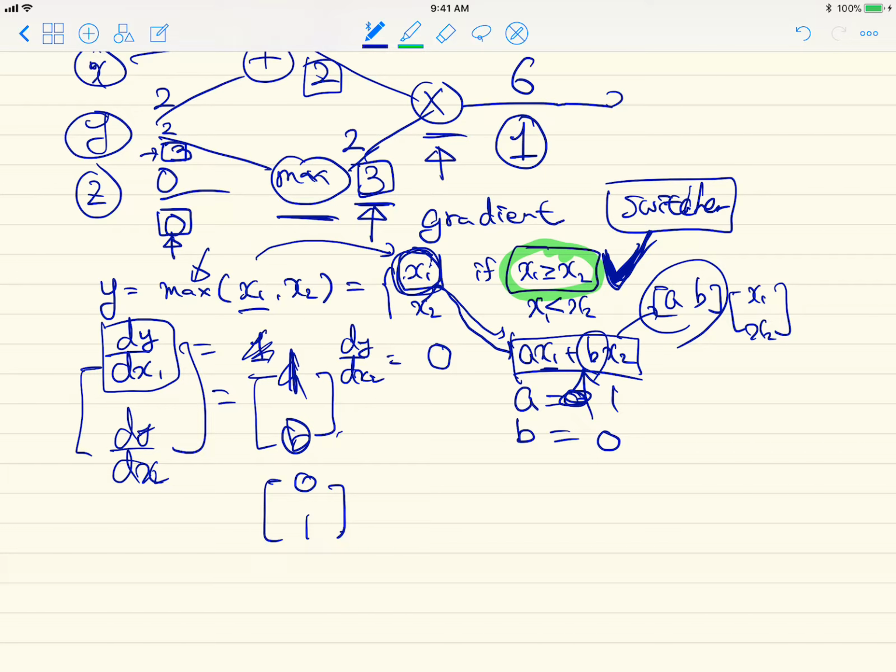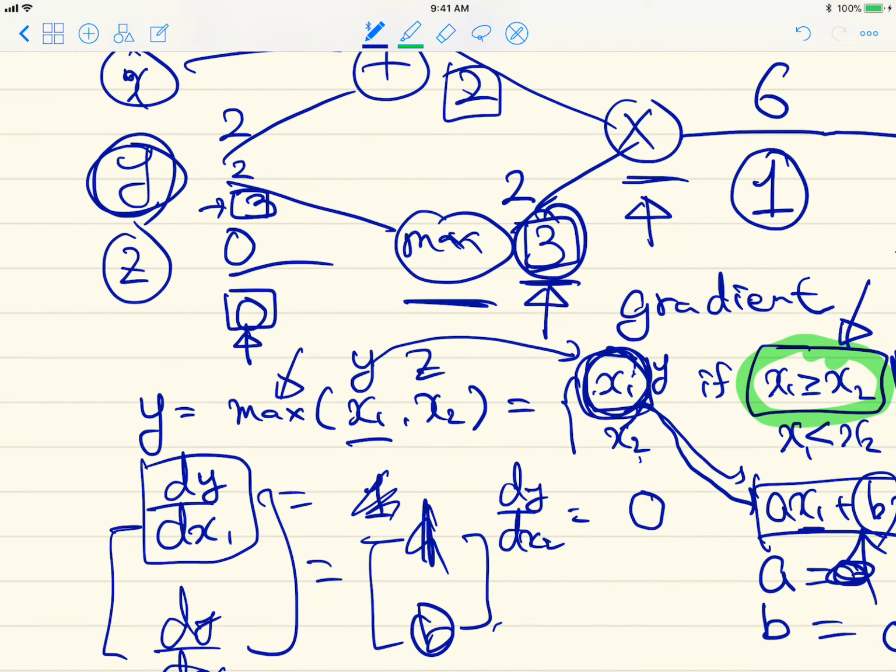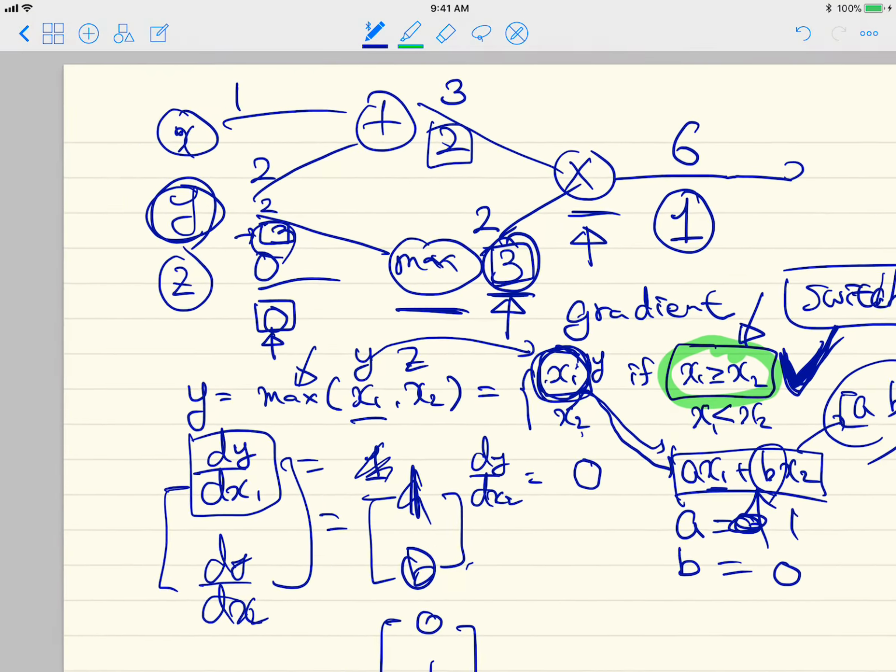I mean the gradient vector. Okay, then this 3 will be the maximum one, so it corresponds to the case when x1 is y and z, right? And thus we have a 3 here, right?